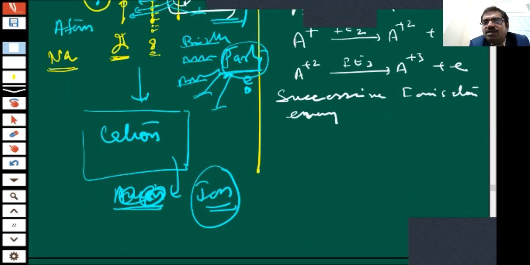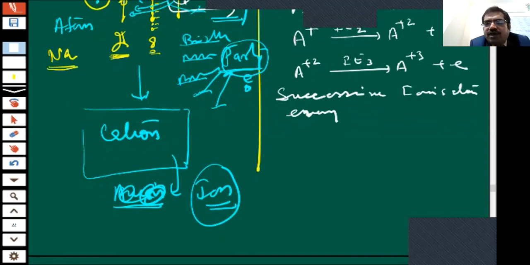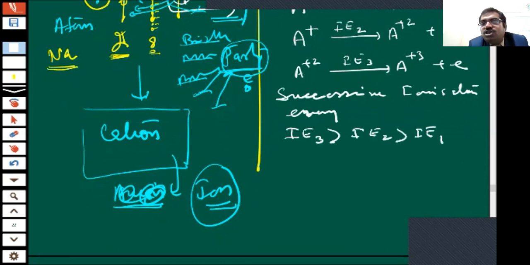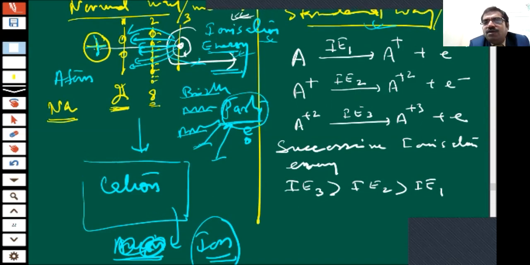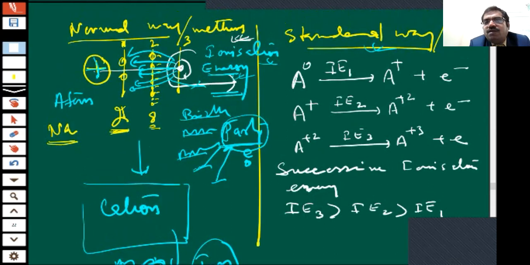In successive ionization energy, remember every time IE3 is greater than IE2 is greater than IE1. It is easy to remove the first electron. In the second step, it becomes somewhat difficult. In the third step, it becomes more difficult. The first one was neutral, so you can remove the electron easily.